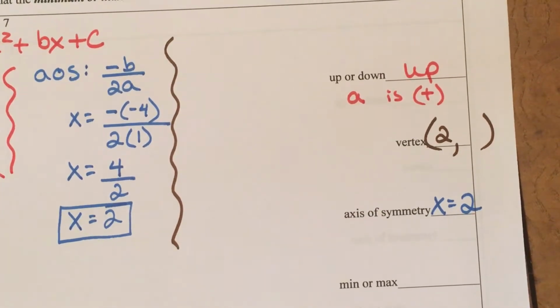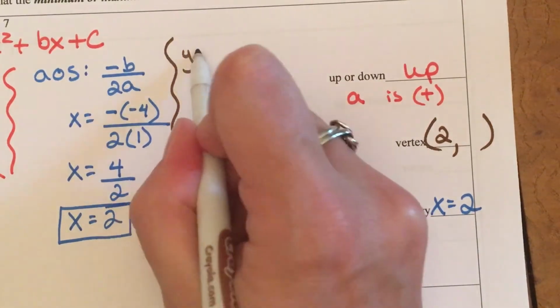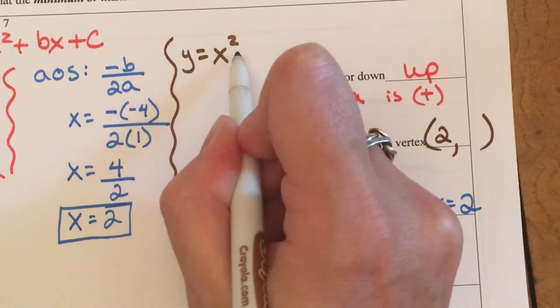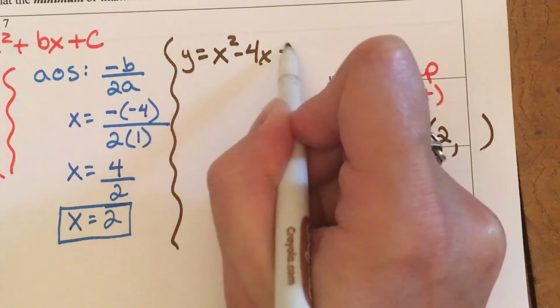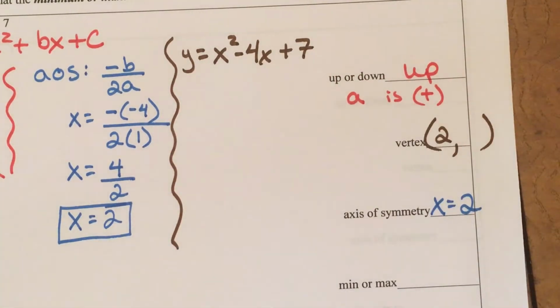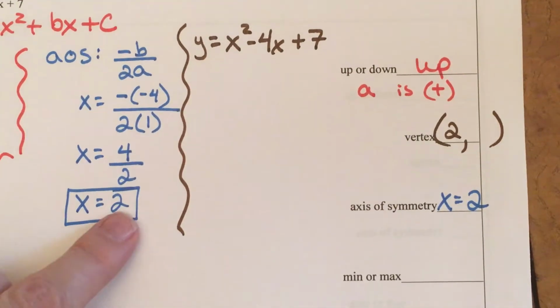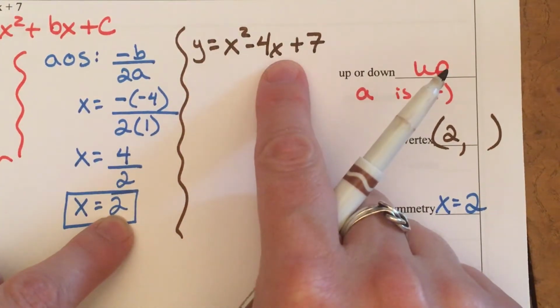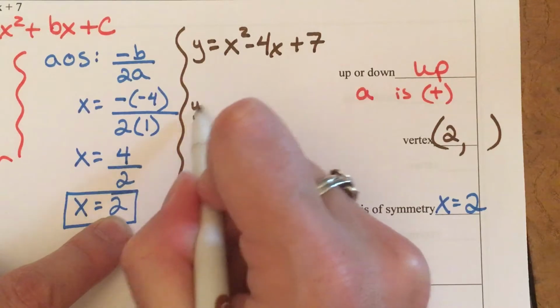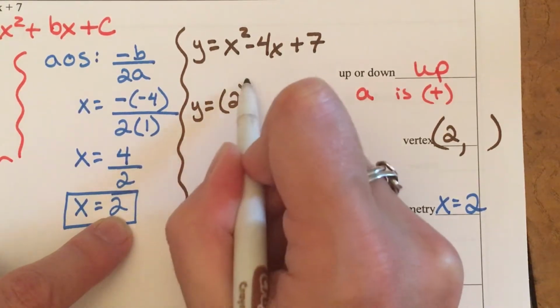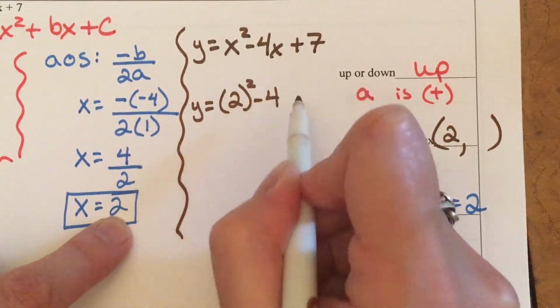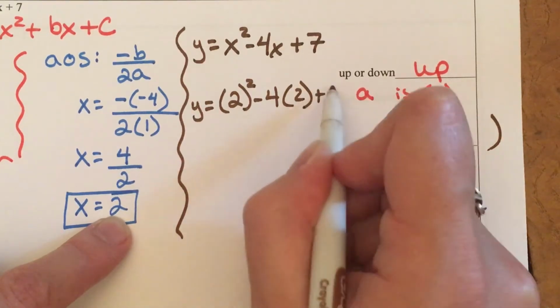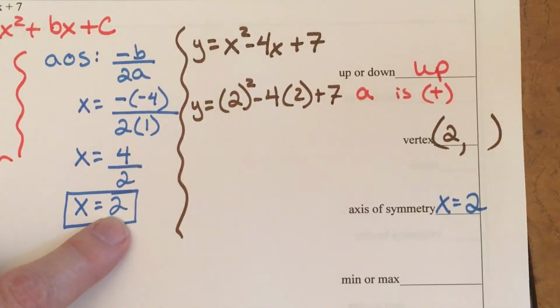Where our original equation was y equals x squared minus 4x plus 7, we're going to substitute this 2 in for both of those x's. 2 squared minus 4 times 2 plus 7.